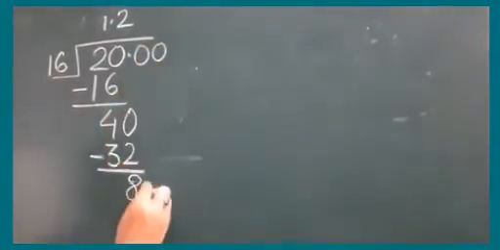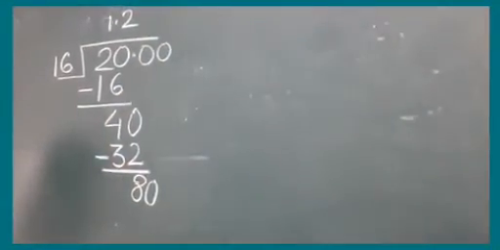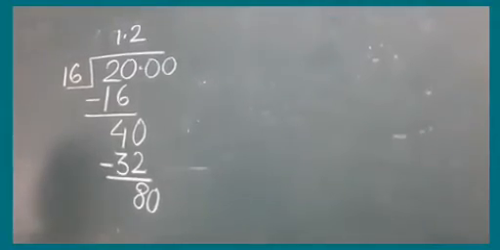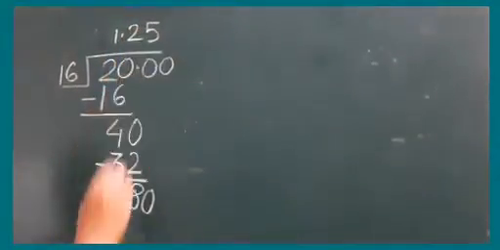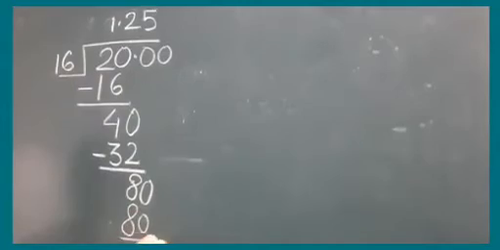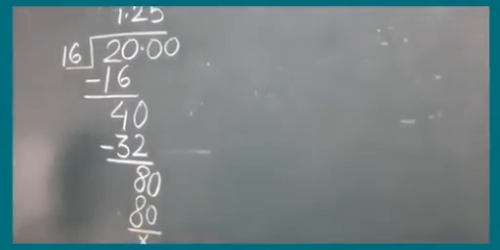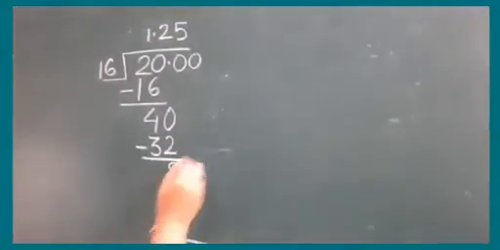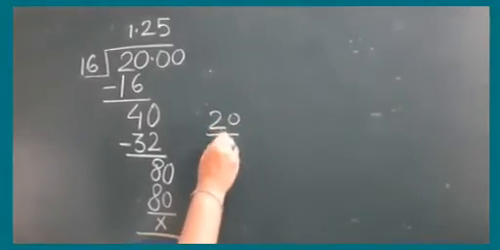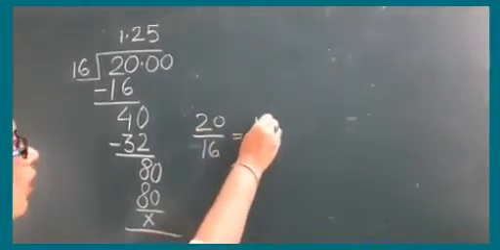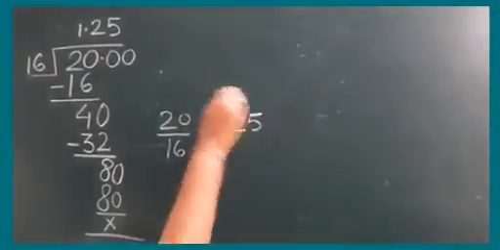So 1 0 here and 1 0 here. This becomes 80. In the table of 16, 80 comes at 5. So 16 5s are 80. Now the remainder is 0. It means the division is complete and we can say that 20 by 16 is equal to 1.25.